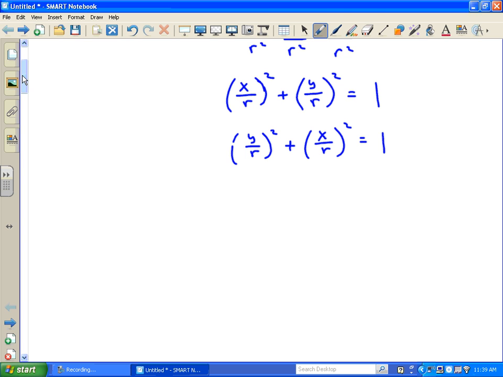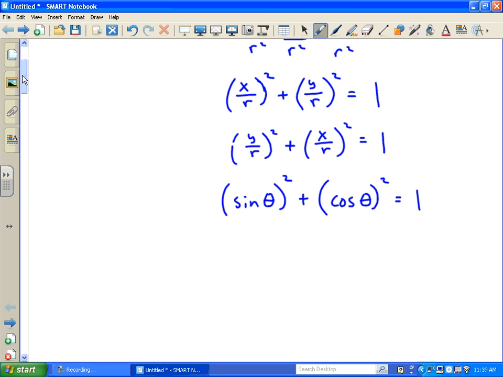Y over r is the definition for sine of theta. So I'm going to substitute the trig function, sine of theta squared, plus x over r is the definition for cosine of theta. And then I have this is equal to 1.